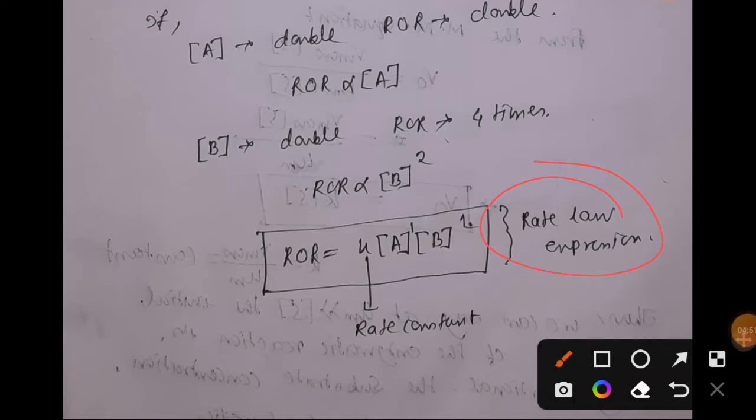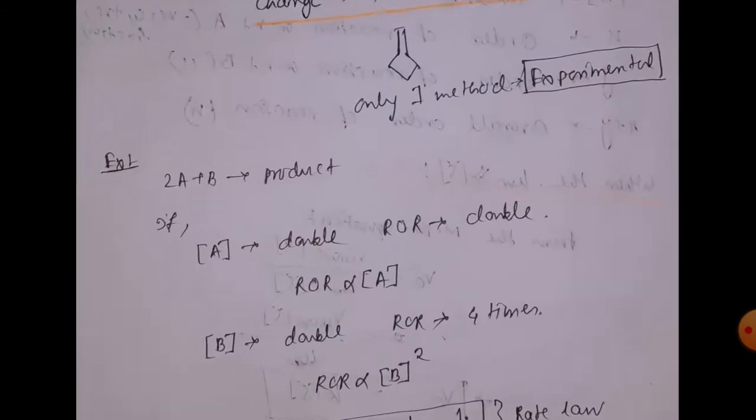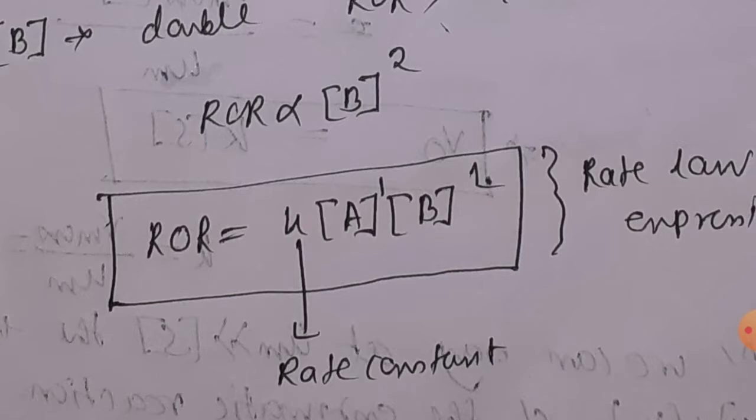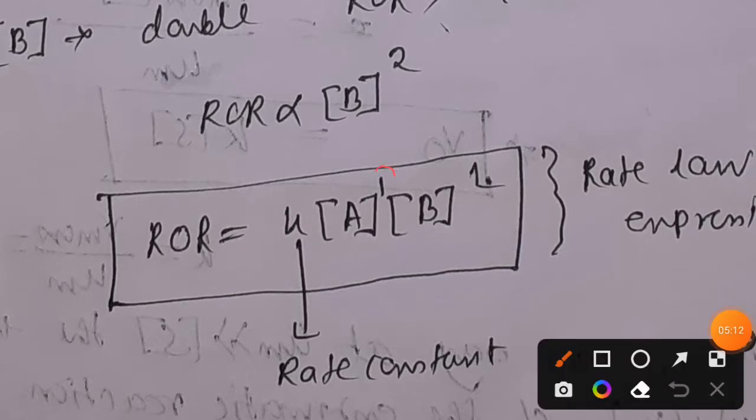As you can see, it simply depicts the relation between the rate of the reaction and the concentration of the species in the reaction. Although this is not too important for understanding the topic, here I just want to say that these 1 and 2 are generally the orders of the reaction.